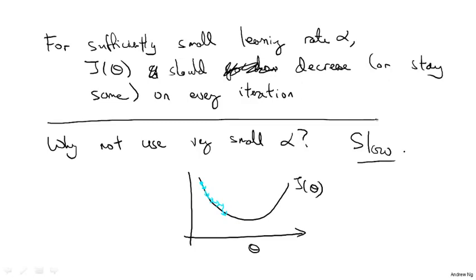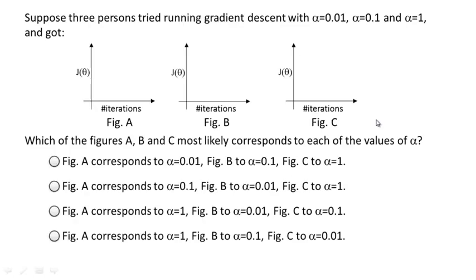I now have a question for you to see if we understand these phenomena. Suppose three of your friends try running gradient descent, one with alpha equals 0.01, one with alpha equals 0.1, and one with alpha equals 1. Suppose all three plot J of theta as a function of the number of iterations.